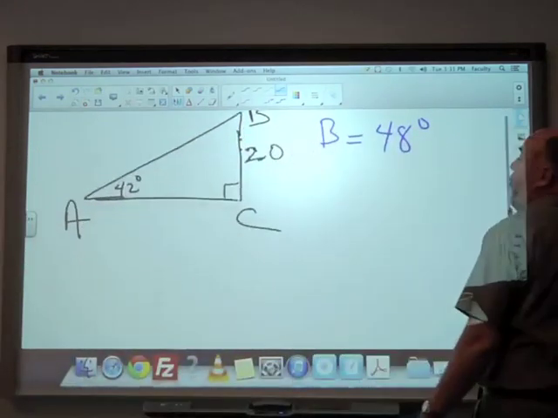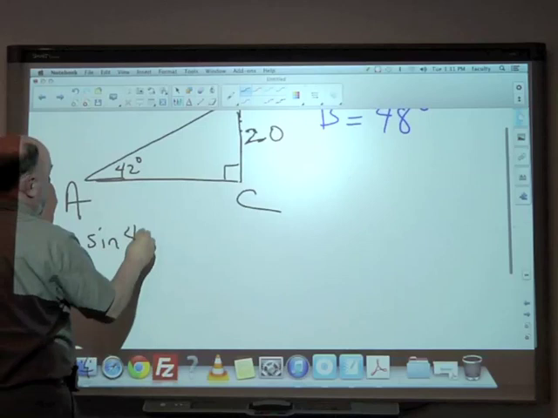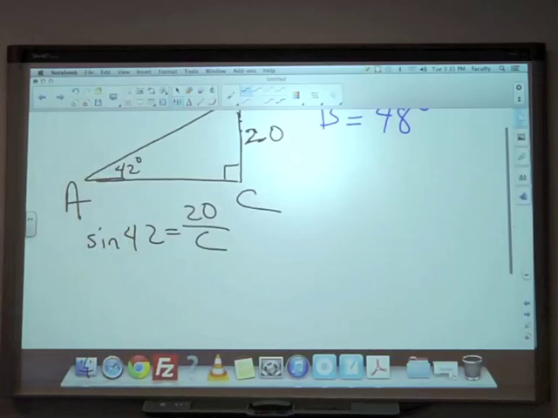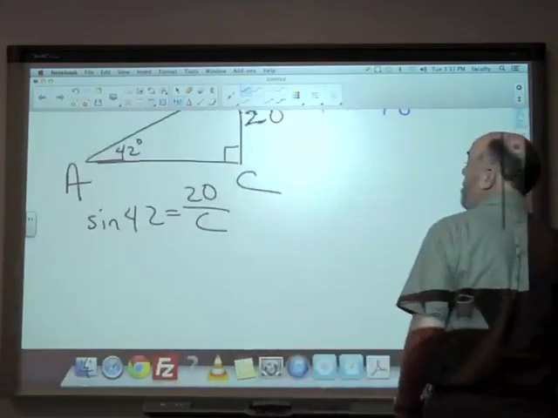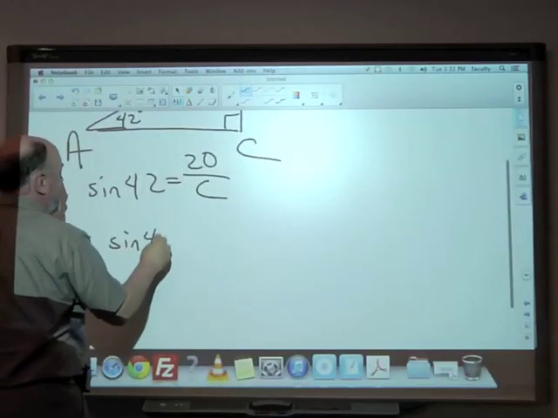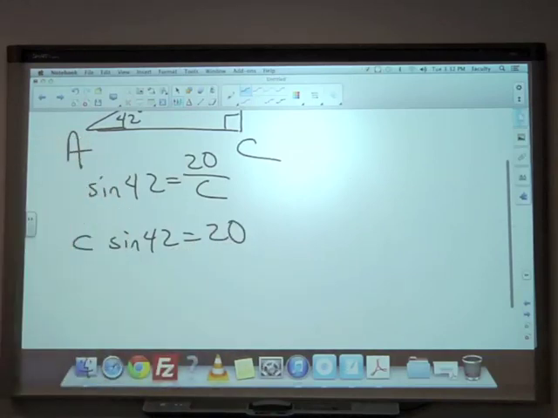So the sine of 42 is going to equal 20 over C. I want to solve that for C. Well, what's the opposite of dividing? Multiplying. So we get C times the sine of 42 is going to equal 20. What's the opposite of multiplying? Divide.